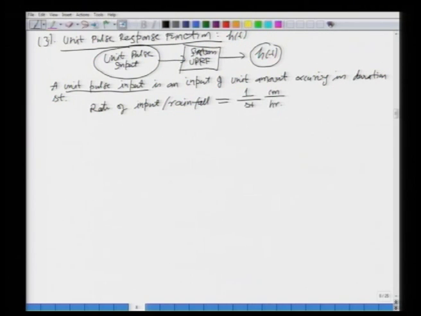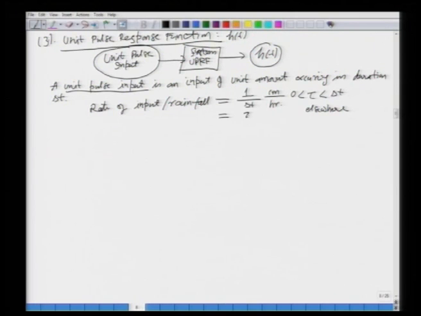All right. And it is occurring for what duration? Let us say tau is your input time domain, for how much time? Delta t and 0, okay. So, your rate of input is what? It is 1 over delta t centimeters per hour for time between 0 and delta t, and what is the input elsewhere?